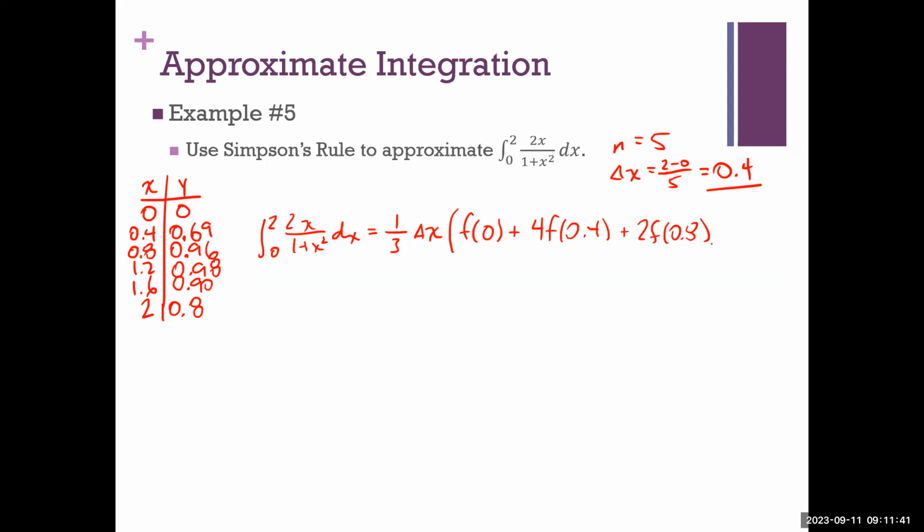So we have an even number of points. Remember, the sequence begins with coefficients 1 and 4, and ends with the coefficients 4 and 1. And like I said, we alternate in the interior, 2, 4, 2, 4, and so on. But since we have an even number of terms, we have to double up on the twos.